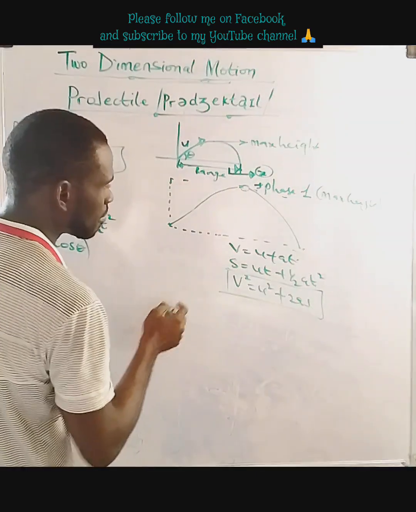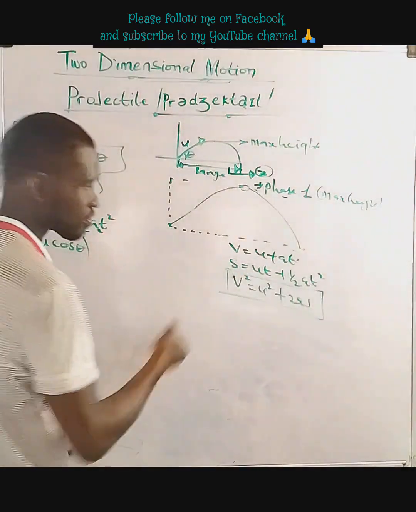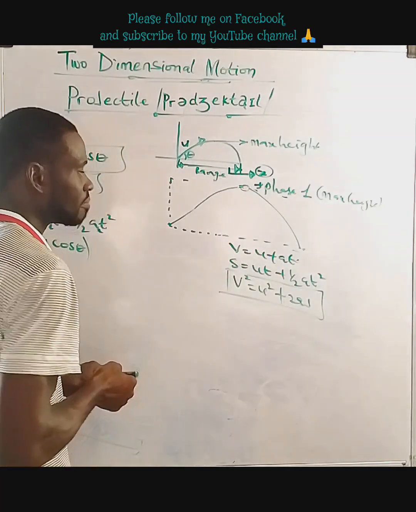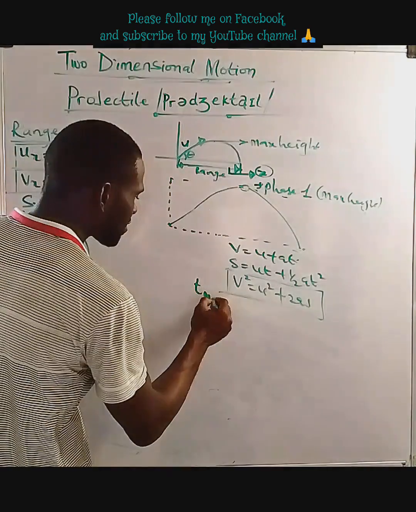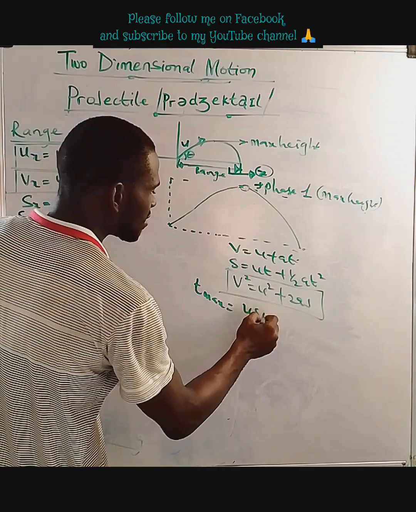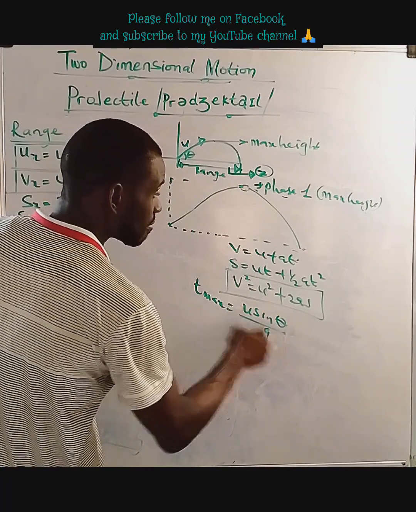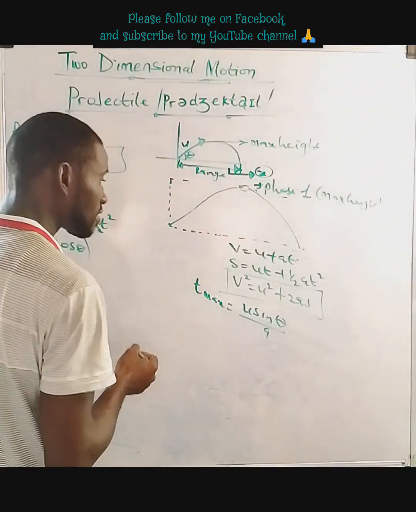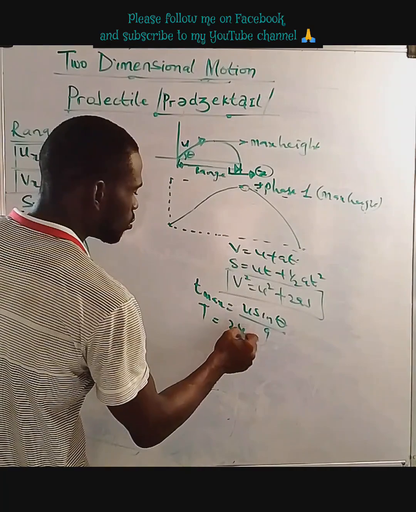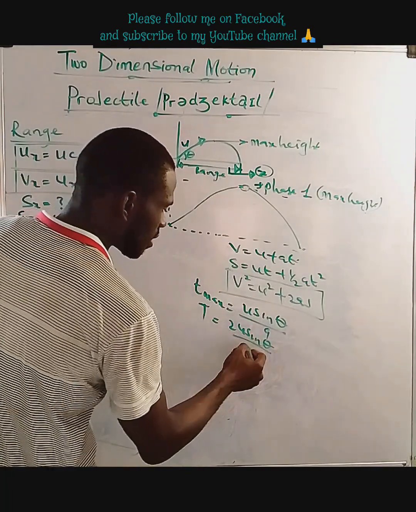When we got the time first, from 0 equals u sine theta minus gt, we got the time for max height to be u sine theta over gravity. And also we got the total time, which is 2u sine theta over gravity.